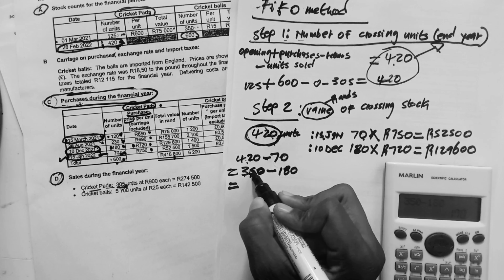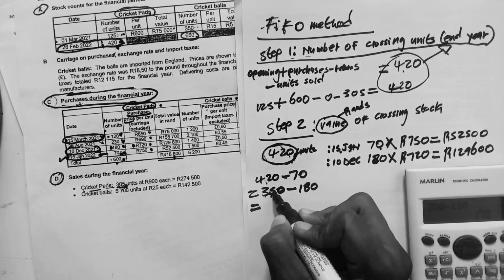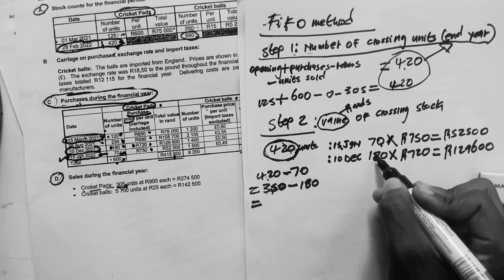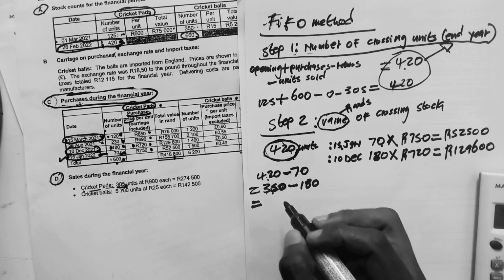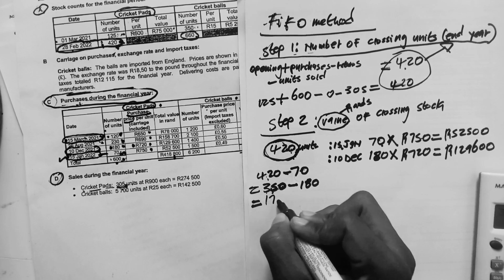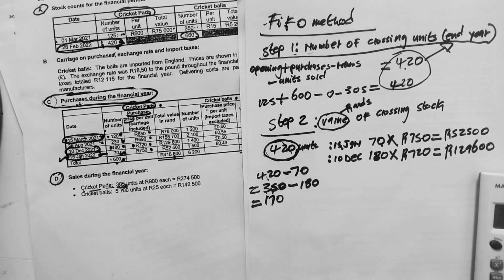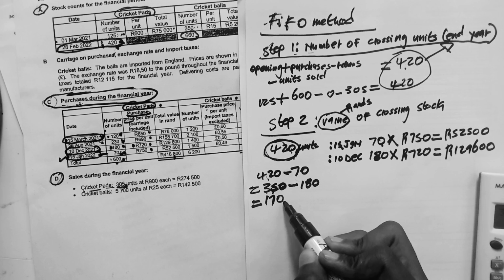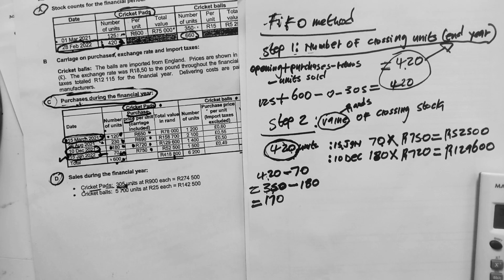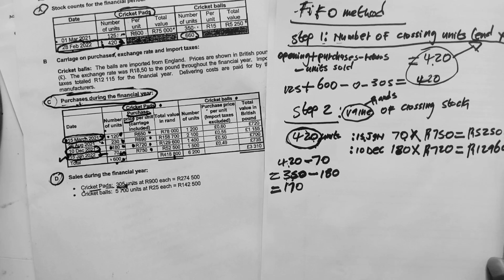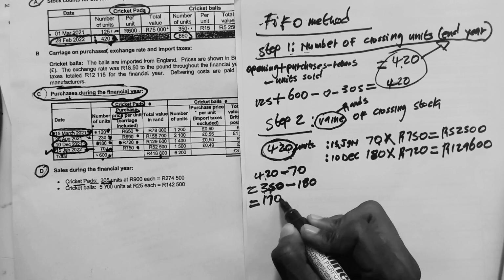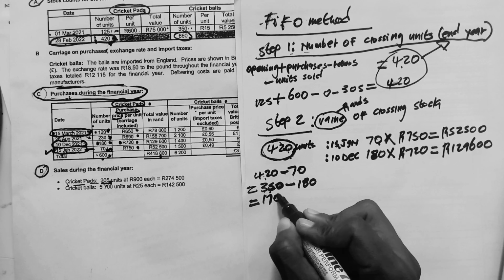So on the 350 that we are left with here, minus the 180 for December, we are left with 170 that we don't know. You see, we are left with 170 that we don't know where it belongs. It's simple, you don't stress. Now, since we are left with 170, where does this 170 belong?